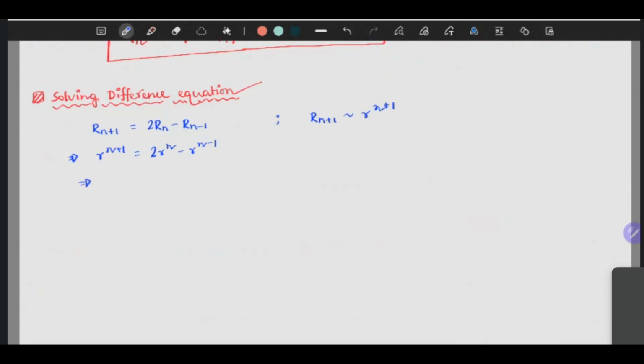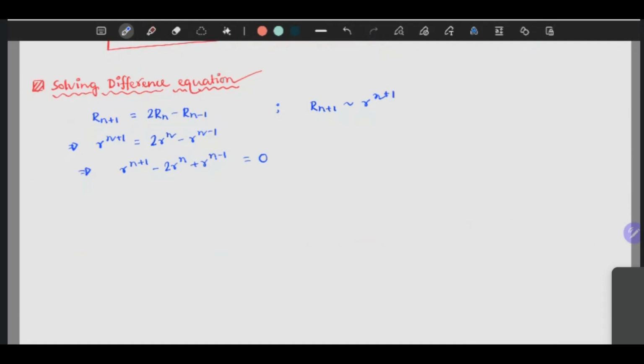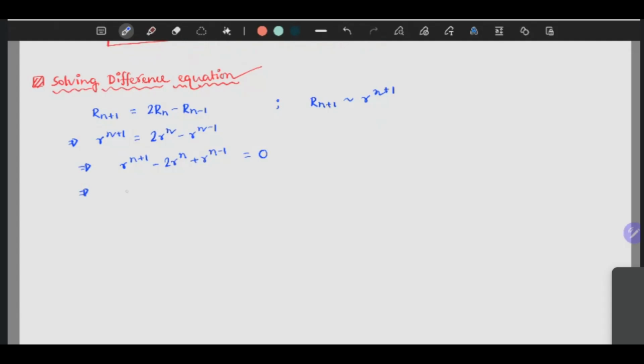It is homogeneous in the sense that you can write all these powers in one expression, just like in differential equations. So it's a function of powers of n and r, right? Now you can take r to the power n minus 1 common, and it becomes r squared minus 2r plus 1 equal to 0.